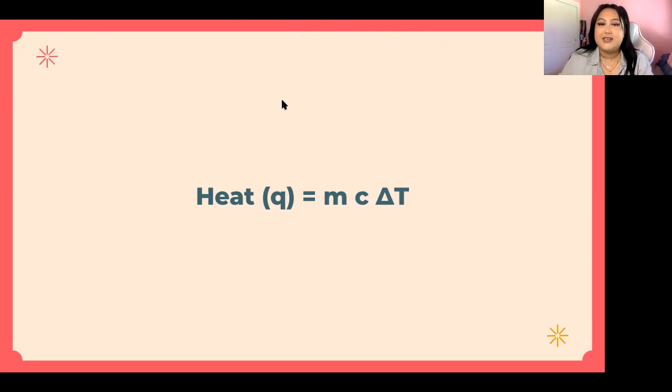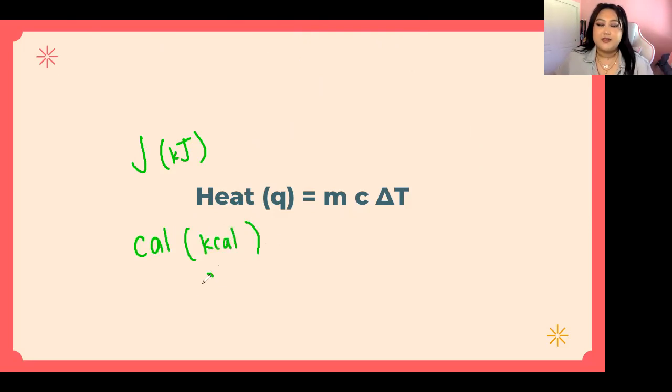Yeah, joules. So it can be in joules, which can also be in kilojoules. There's also one more type that is calories. Yep, calories, and also kcals, and the big calories with the capital C.